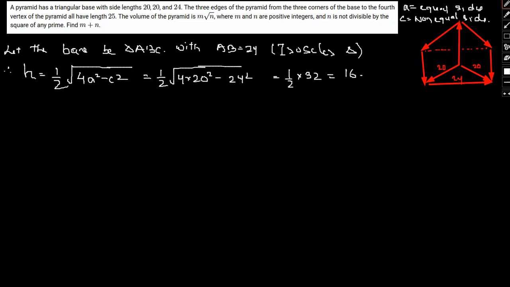Here the height being 16, the base area, the area of triangle ABC, will be half into 24 into 16, which is 192. I hope this much is clear.